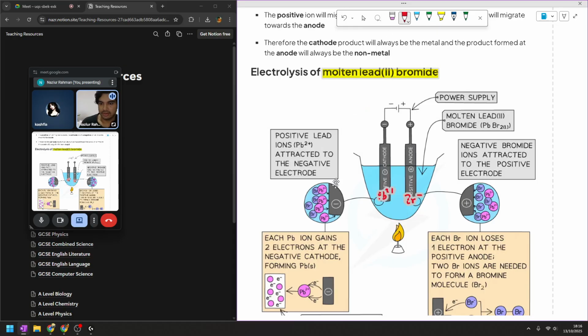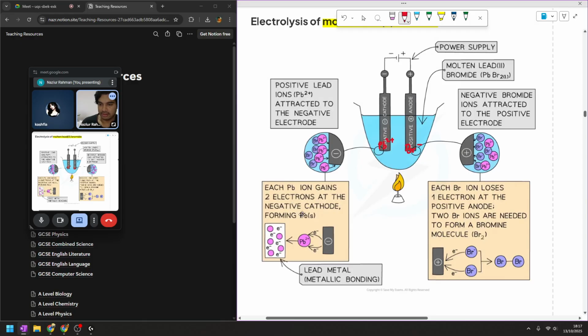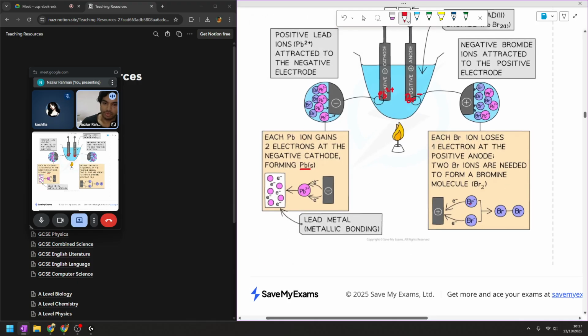At the cathode, each lead ion gains 2 electrons, forming metallic lead. At the anode, each bromide ion loses 1 electron, and 2 bromine atoms join together to make a bromine molecule, Br2.